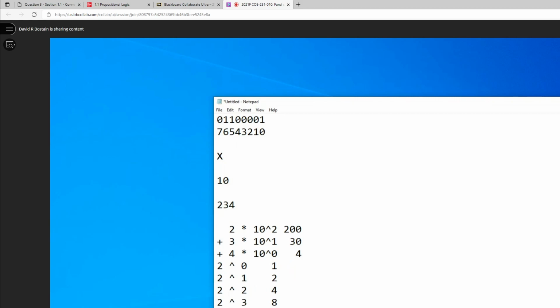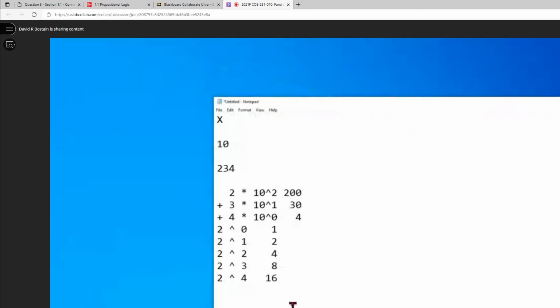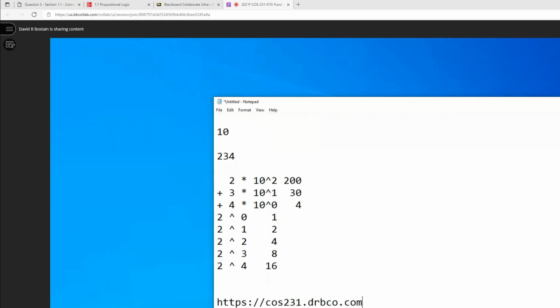And on the website page, if we go there, the URL of this so that you can find it again is H. If you go to that URL, let me scroll it to the top here if I can.